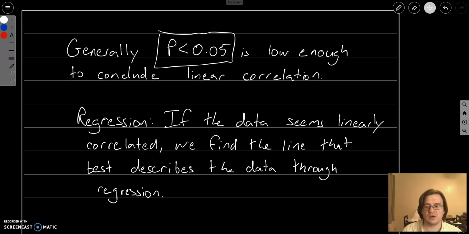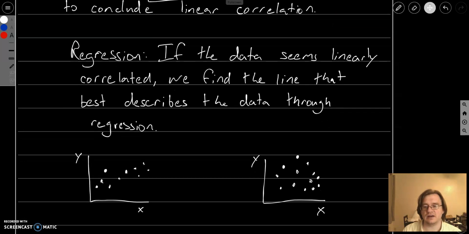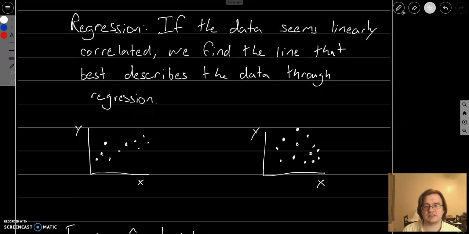Once we go through all the steps to determine whether or not data is linearly correlated, if we find that it is, there will be a line that we can draw through the data. For example, over here on the left, we have some data. It looks roughly linear, so I should be able to draw a line that approximates where the data is.